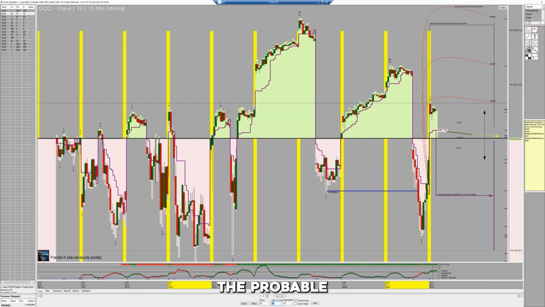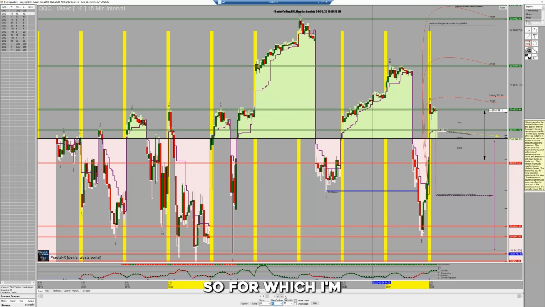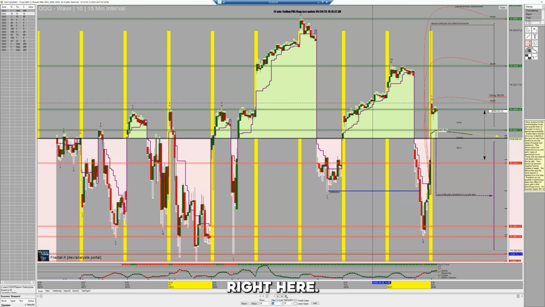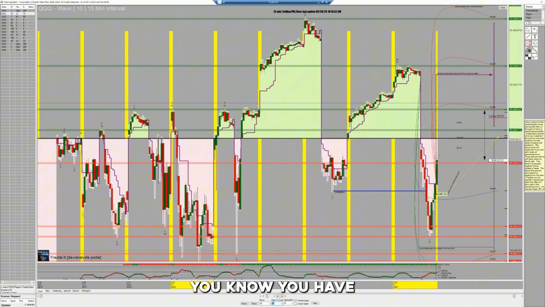Now we are going to talk about the probable bands. So these things right here, for which I'm going to use this slider right here. Let's say that you have a bullish bias for QQQ and you're expecting the price to go above the pivot, and you're looking for targets. The most obvious target above the pivot is the 80% band. Why?